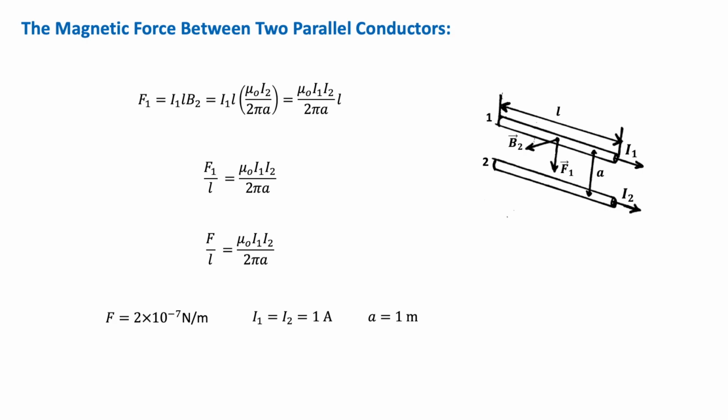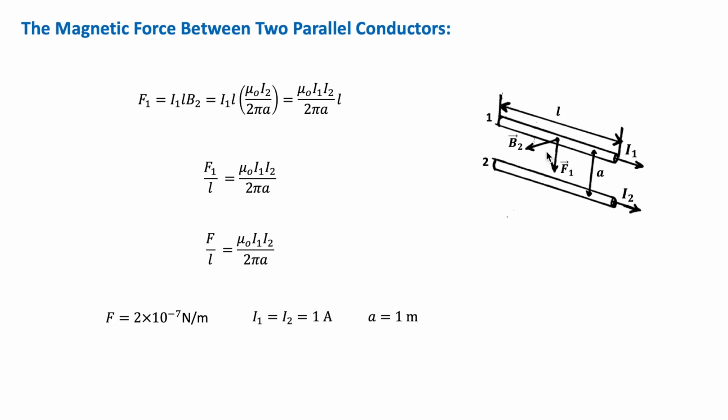And so the force per unit length on wire 1 due to the field of 2 is equal to F1 over L, which is equal to μ0 I1 I2 over 2πa. And the direction of F1 is downwards towards wire 2, and you can find this from the right-hand rule if you curl your fingers from L towards B2.